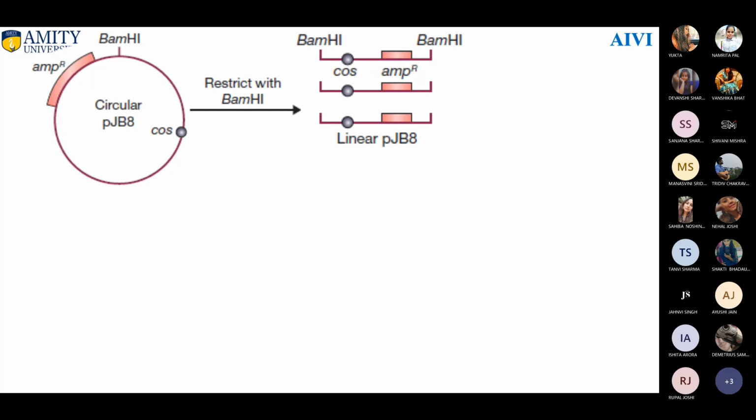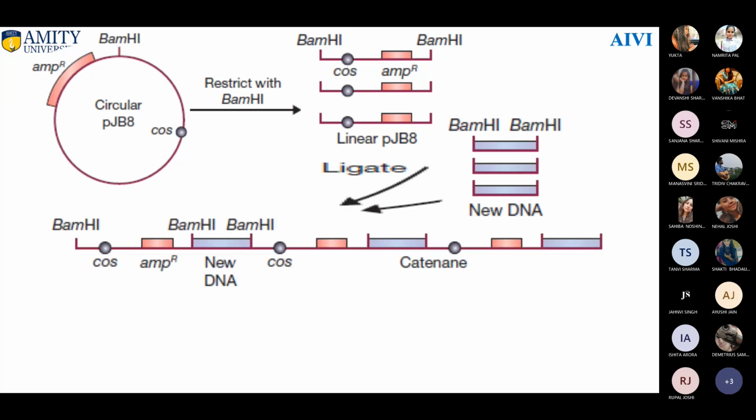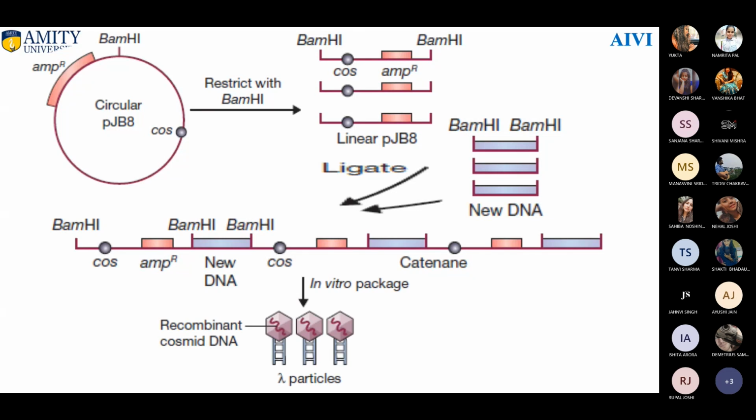So when you restriction digest, it becomes linear. Insert the gene, ligate it. Now concatemers are going to form, with alternating cos sites in it. Then in vitro packaging. You are performing packaging in vitro, not within the cell. You digest it and do the capsid formation.